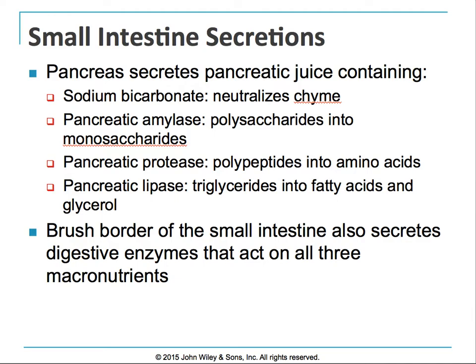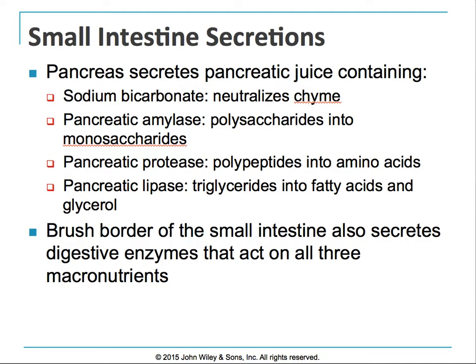Pancreatic juice also contains pancreatic amylase, and this amylase, again, there's that suffix -ase, so we know it's an enzyme. Amylase, we know, is for carbohydrates. That pancreatic amylase works to break down polysaccharides into monosaccharides.